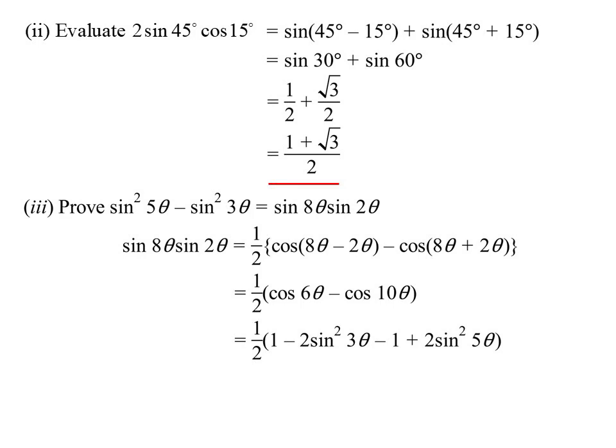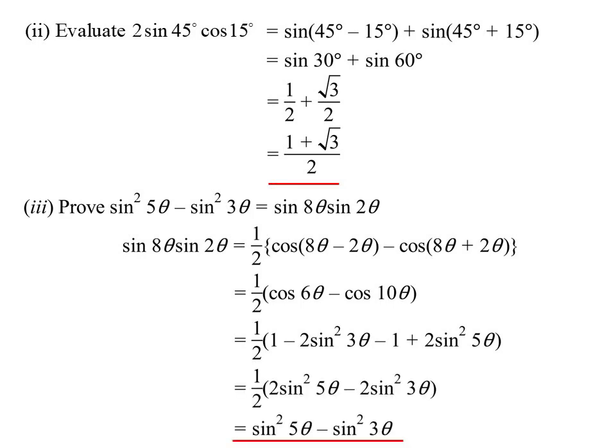So one way we could have written cos double angle was 1 minus, in this case, 2 sine squared 3 theta for the first one, and 2 sine squared 5 theta for the second one. The 1 minus 1 goes away, and I end up with the result that they're looking for: sine squared 5 theta minus sine squared 3 theta. Well, that was products to sums.